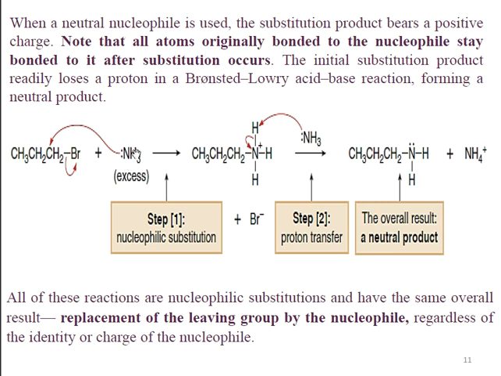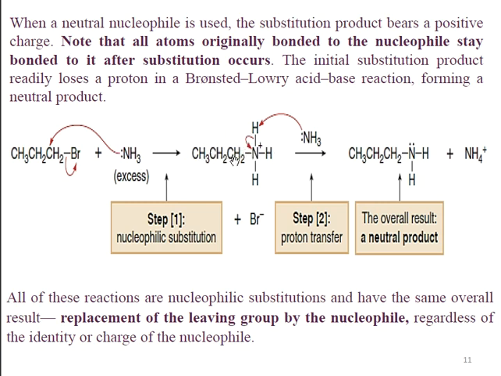What does this mean? The nucleophile has three hydrogens, and it attacks to remove the Br. Look at the product with the positive charge: it also has the three hydrogens. That means all the atoms originally bonded to the nucleophile stay bonded to it after the substitution.